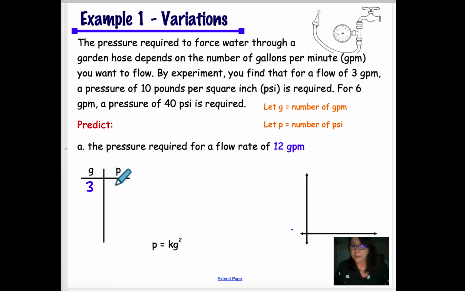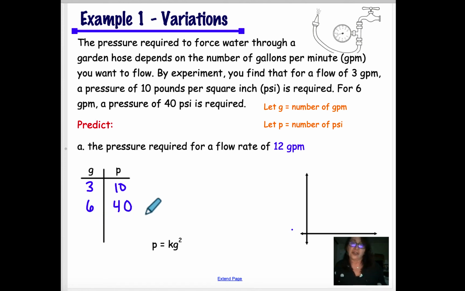P stands for pressure, so that's 10 pounds. Then it says for 6 gallons per minute, so that's your 6 right here, a pressure of 40 is required. So in this case we have a pressure of 40, and we have 6 gallons per minute.